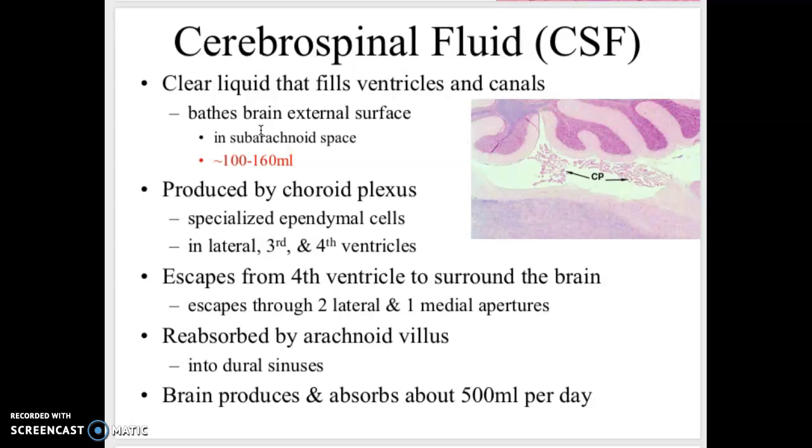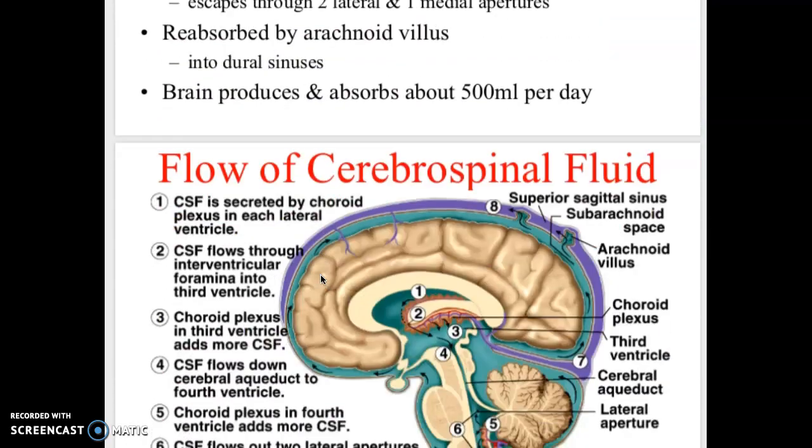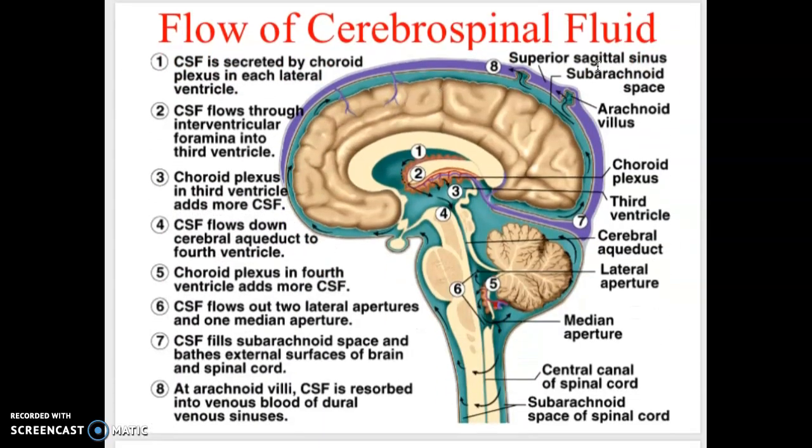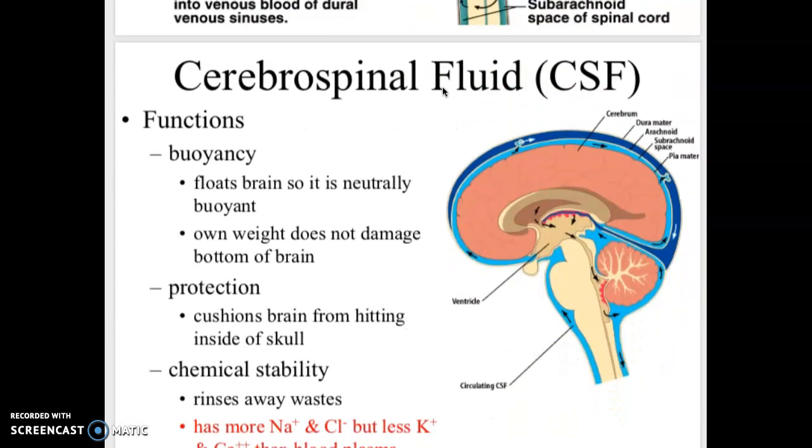It basically surrounds the brain to protect it. I just want you to know that it's produced by those choroid plexus cells that are ependymal cells. The actual flow of cerebrospinal fluid we'll talk about in the lab, so don't worry too much about it here.